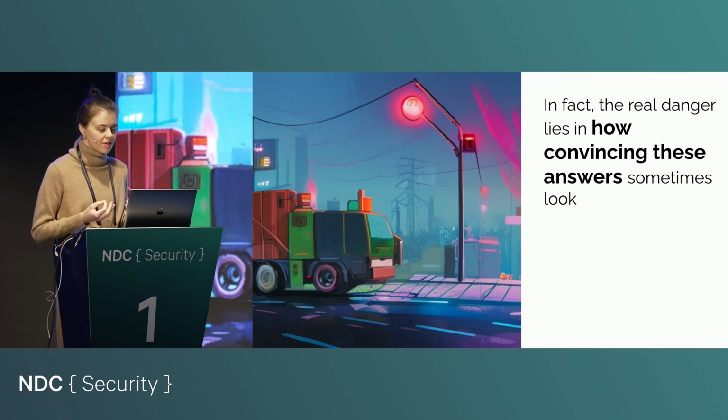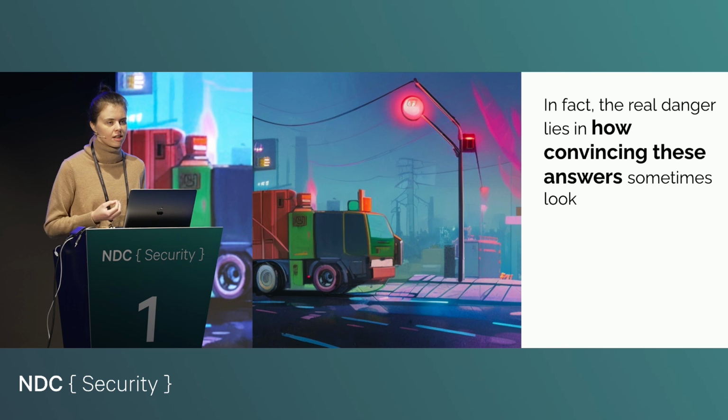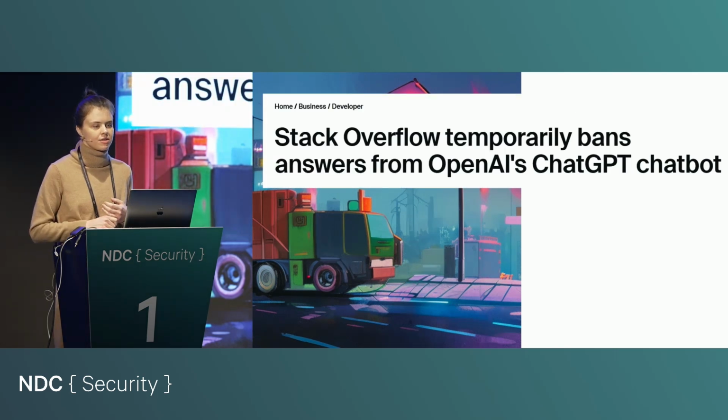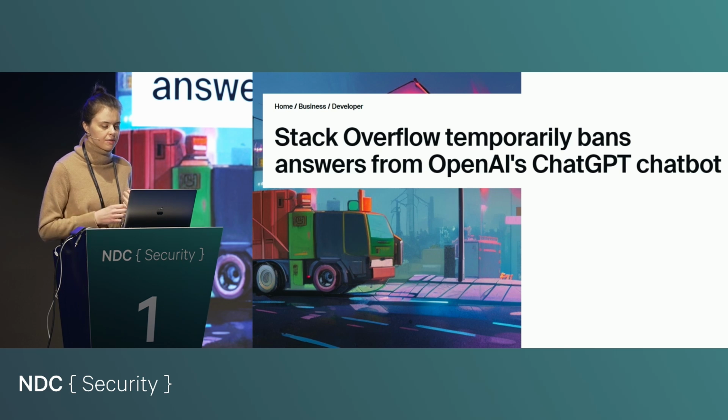But what makes this really dangerous is that a lot of these answers look very convincing. And sometimes we even develop a blindness. We say, okay, well, the computer says so, so I trust the computer more than I trust myself. And in fact, this led to an incident. I think this happened a few weeks ago, right as soon as ChatGPT became live, in that Stack Overflow temporarily banned answers from ChatGPT.